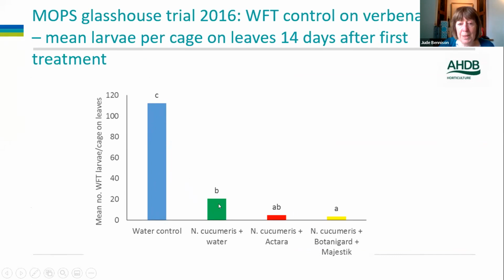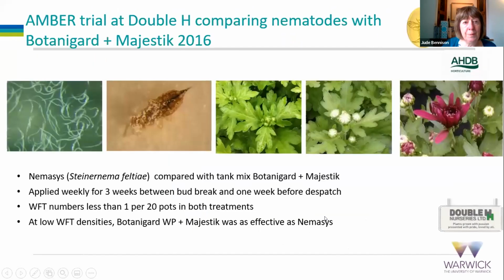This is our Cocumurus, which gave pretty good control, but a tank mix of Botanigard and Majestic was even better. So it showed you can top up your Cocumurus or your predatory mites with a fungus to help out. And that was actually as effective as topping up with Actara, which is no longer available, but we used it in the trial because it used to be pretty good against western flower thrips. So that shows that it can be useful.